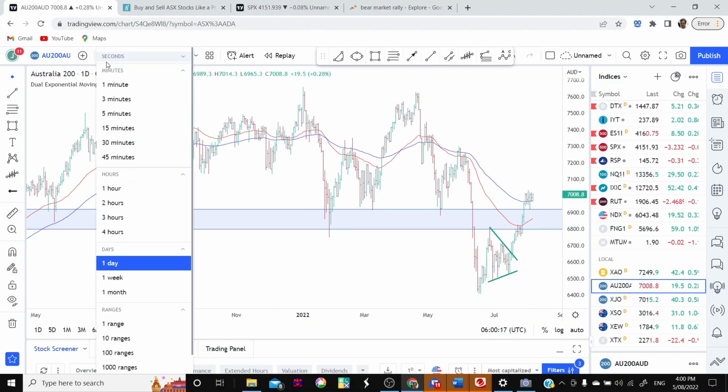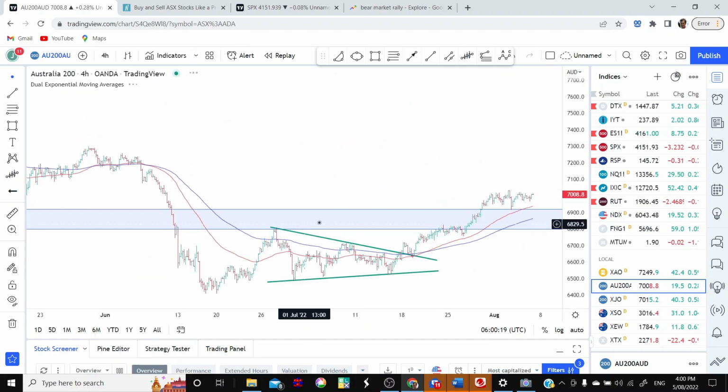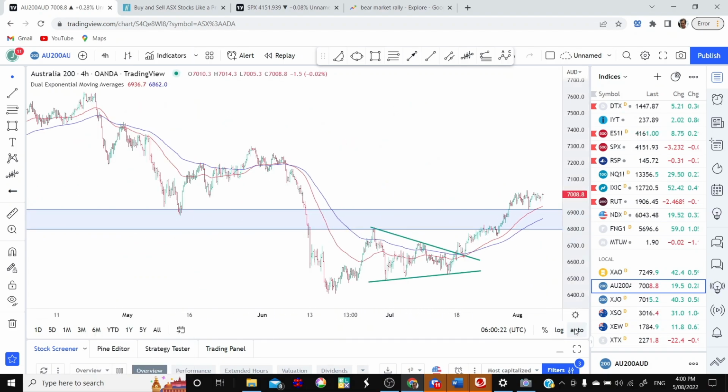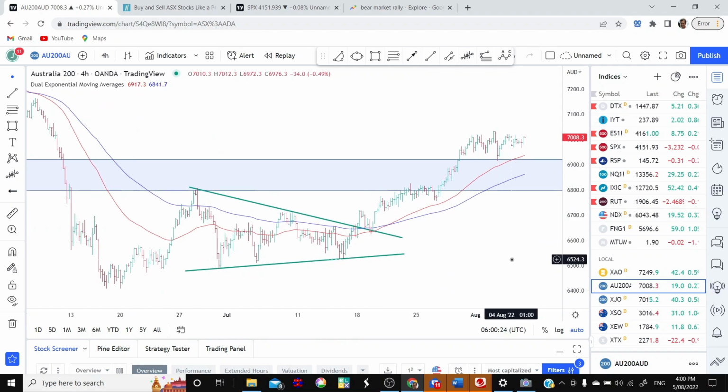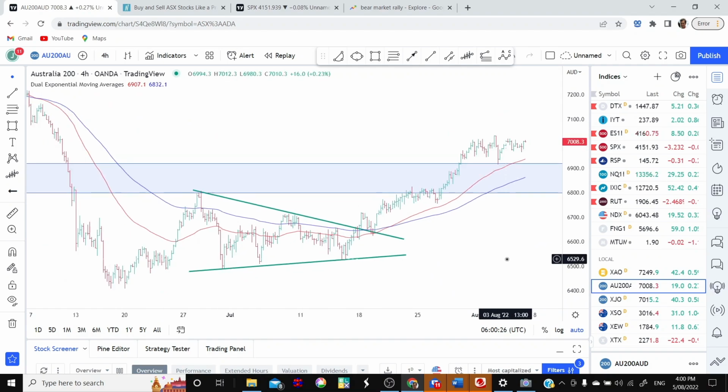Now, I'm going to jump over to the 4-hourly chart to get a little more detail on the most recent price action. Really since the middle of June, we've started to see impulsive price action on the upside.